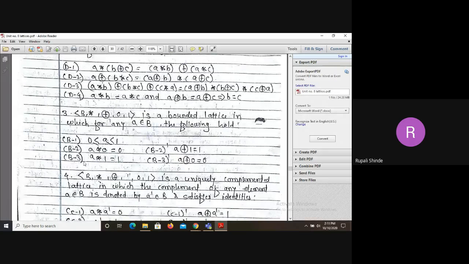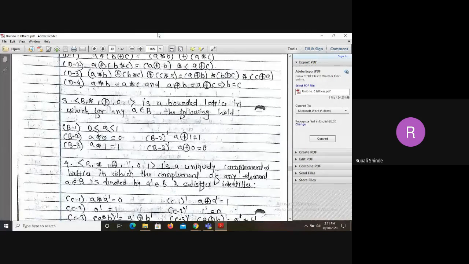Now the third one, B3, is A star 1. Again we have to perform the greatest lower bound operation on A and 1. So what is the value of A star 1?